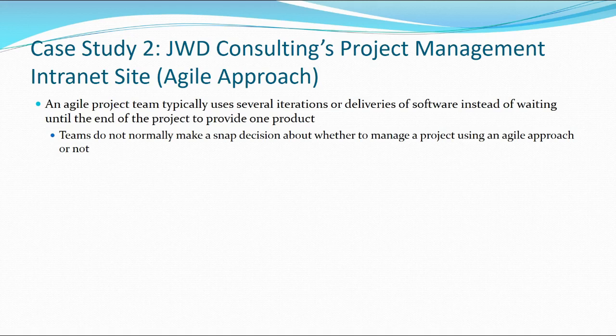In other words, if you're making software for nuclear weapons, you may take the older style of operating, the older style of project management, because there is zero room for error, as opposed to Windows, when, yeah, sometimes you're going to get system updates when you least expect them or want them. So there are reasons why we make that choice. And I think it's great that our book actually puts JWD's project into both approaches for your review.